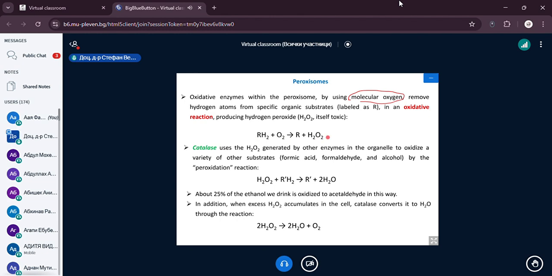This is the oxidative reaction. They oxidize the organic compound and produce hydrogen peroxide, which is itself toxic.